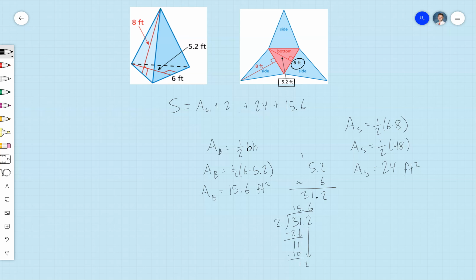So our surface area will be 24 plus 24 plus 24 plus 15.6, to get a total surface area of 87.6 square feet.